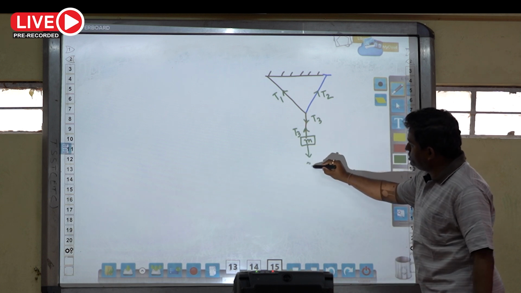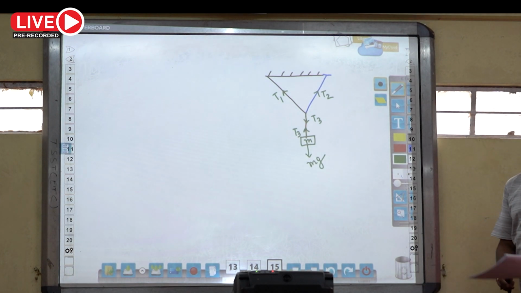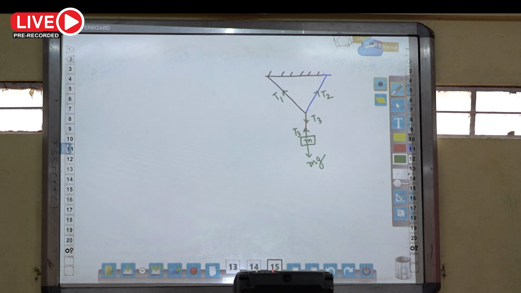There is the normal contact. Okay. Now, two methods you can adopt to solve this problem. One, by taking the components of T1 and T2. Other, by using Lami's theorem.